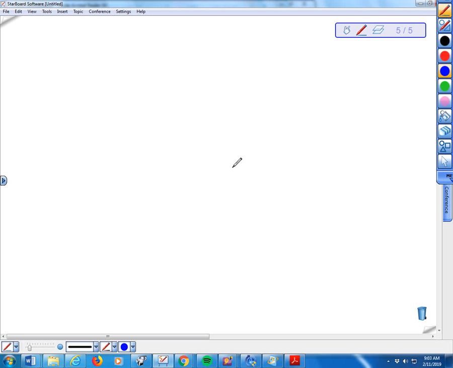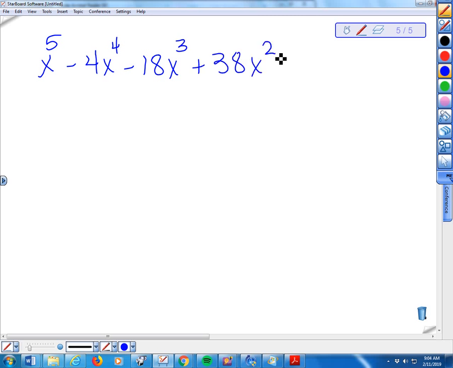Okay, so what I think we'll do is we're going to just use a problem as an example here. x to the 5th minus 4x to the 4th minus 18x cubed plus 38x squared minus 11x minus 6.